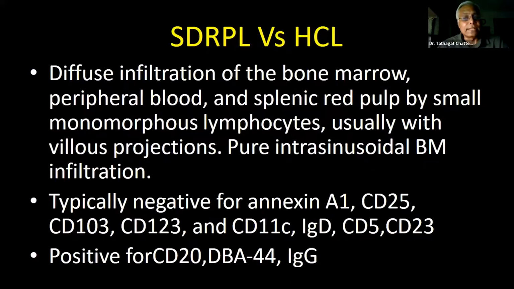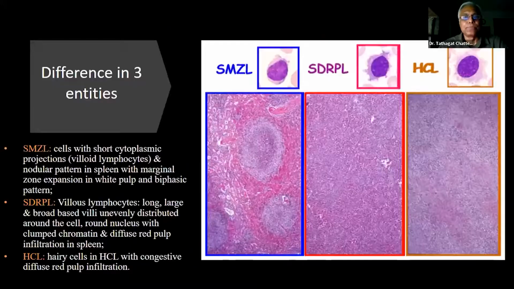They are negative for annexin A1, negative for CD25, CD103, CD123, and CD11c, IgD, CD5 and CD23. They are only positive for CD20 and DBA44, which is CD72, and immunoglobulin G. These are the various differences in the three entities of SMZL, SDRPL, and hairy cell leukemia.